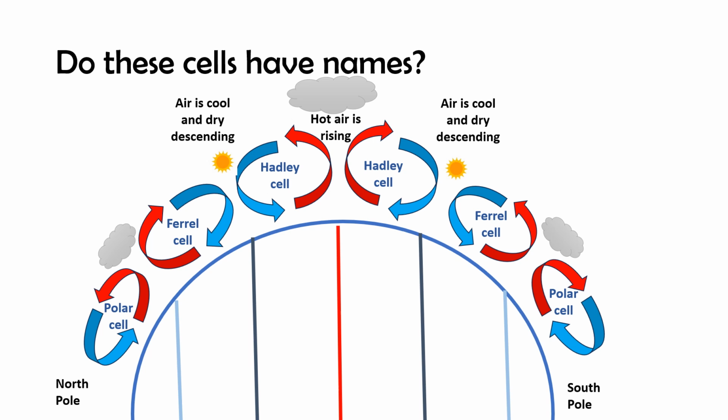So remember, we turned our Earth to the side, because it's a spherical shape, like a ball, so wherever you position the Earth, you can visualize where the equatorial line might be. So as you can see, we've got a Hadley cell forming towards the North Pole, and we've got a Hadley cell forming towards the South Pole.